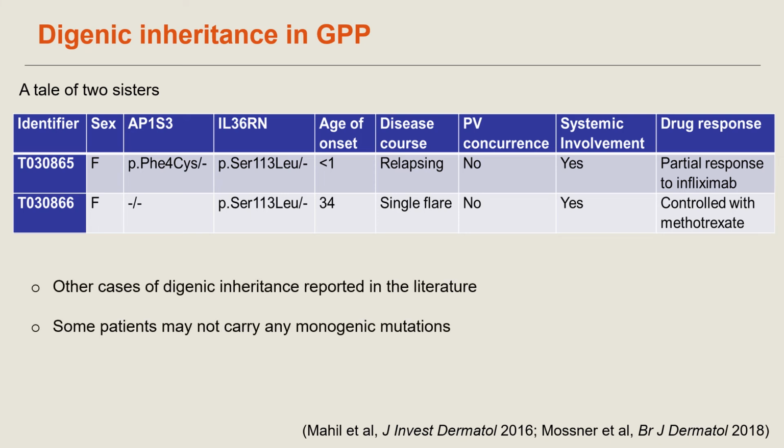And interestingly, in the literature, there are other cases of similar digenic inheritance. And we are beginning to think in the field that some individuals with GPP may really not carry any monogenic mutations at all, but actually more like a constellation of risk alleles.